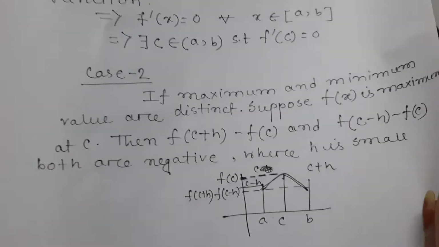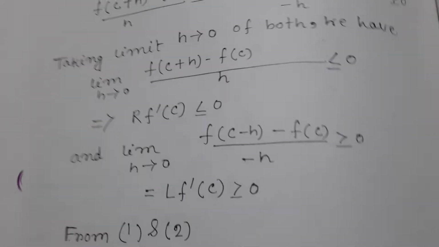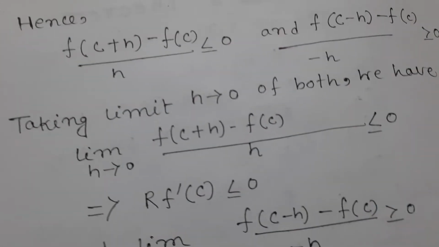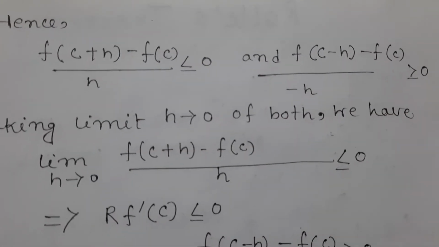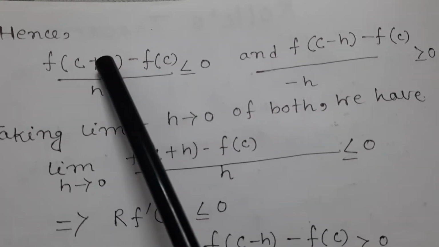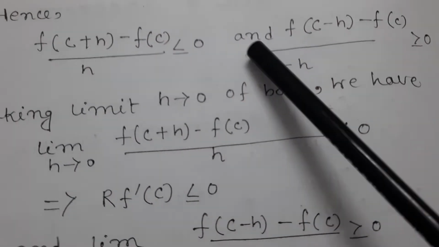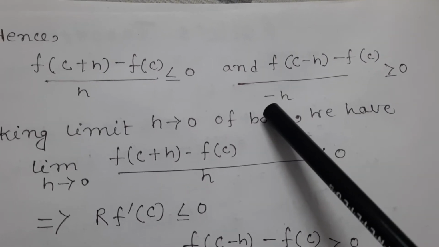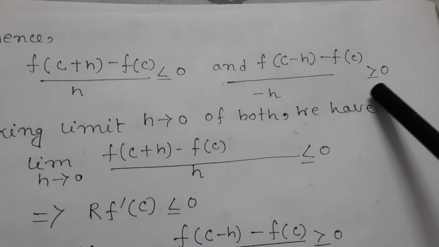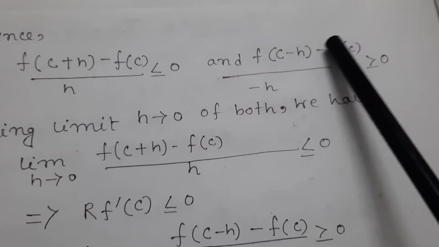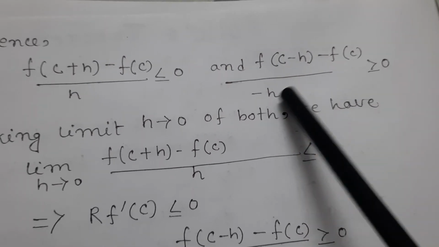Hence [f(c+h) minus f(c)] by h is less than or equal to 0, because this part is negative, and [f(c-h) minus f(c)] by minus h is greater than or equal to 0, because negative by negative means positive.